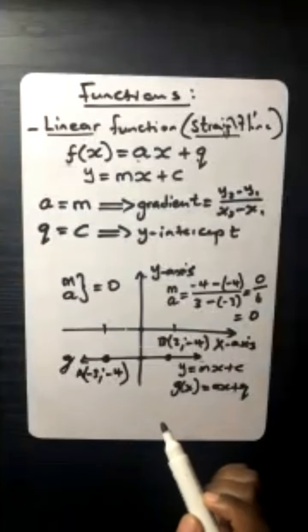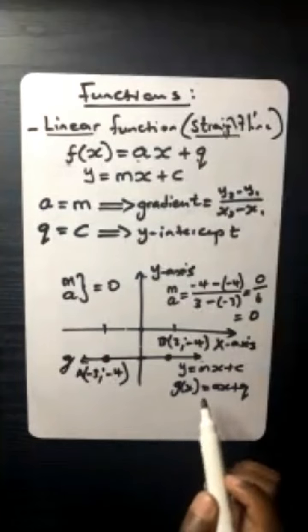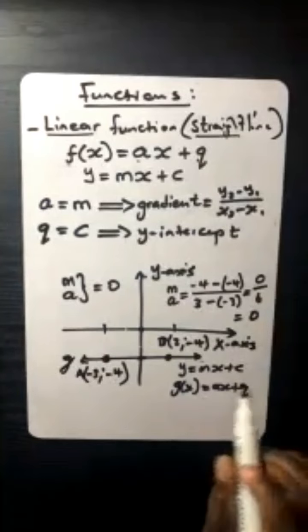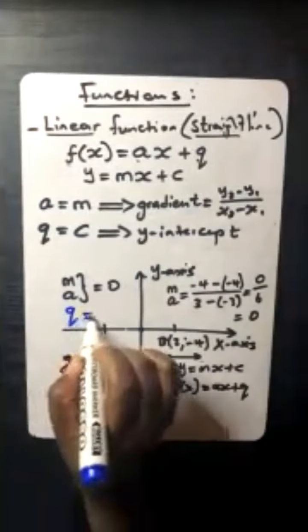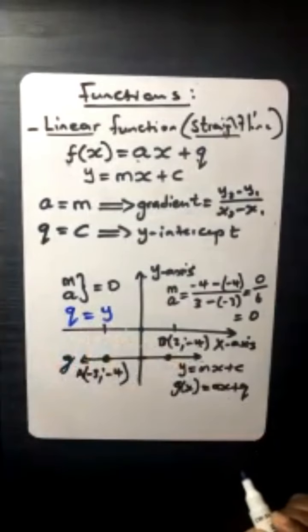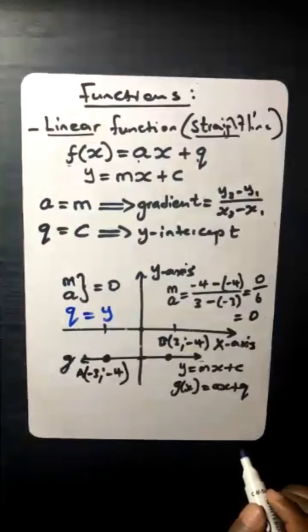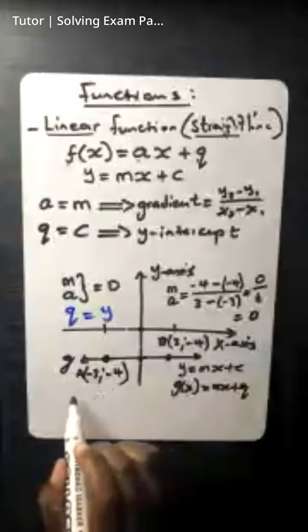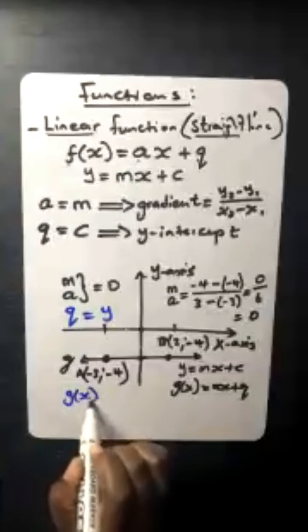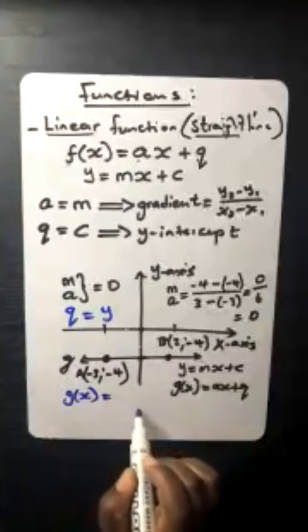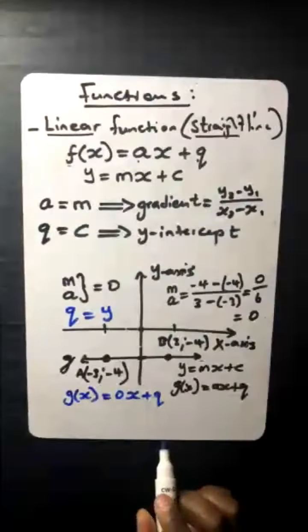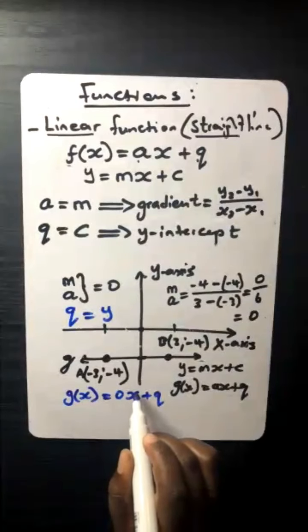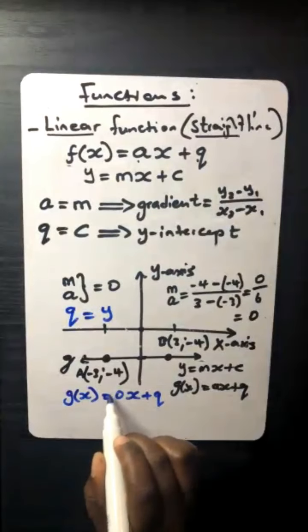Okay, so let's make a comment on the Q. What about that Q? The Q value is going to be equal to the y value. How is it the case that Q equals the y value? It's because already we know that g of x, which is that line, has a gradient of 0, so 0x plus Q. Anything multiplied by 0 is 0.